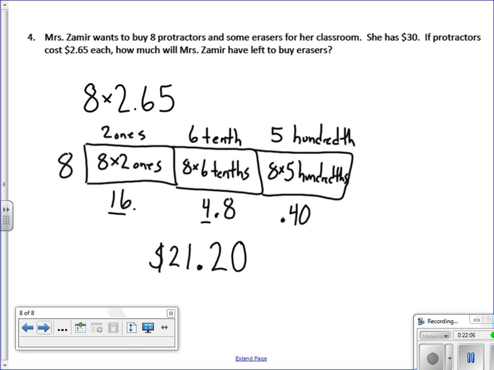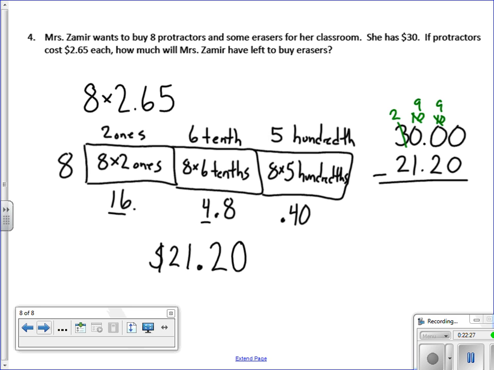And she had $30. She spent $21.20 on her protractors. We need to subtract. Can't do, we need to borrow. That 3 becomes a 2, which makes this a 10. Can't do, makes this a 9, which makes this a 10. Can't do, makes this a 9, which makes this a 10.